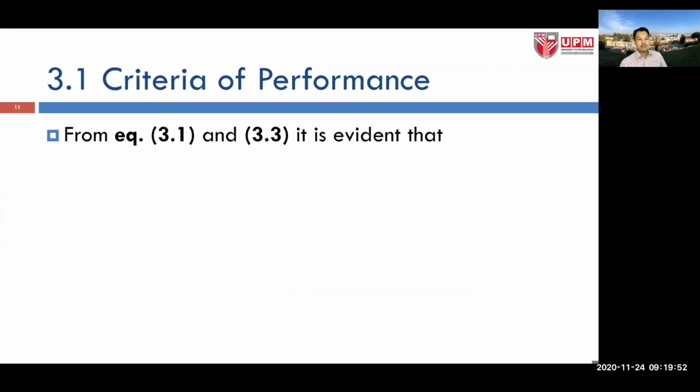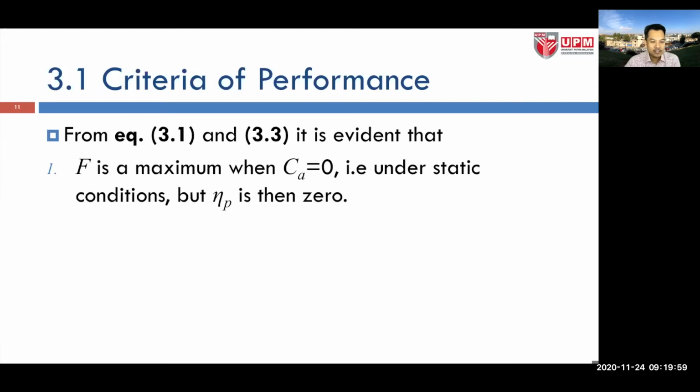And from equation 3.1, the earlier equation, as well as 3.3, it is evident that the thrust is a maximum when the incoming air velocity equals 0. In other words, it's under static conditions, but the propulsive efficiency is also zero. So you do not have a propulsion efficiency there.